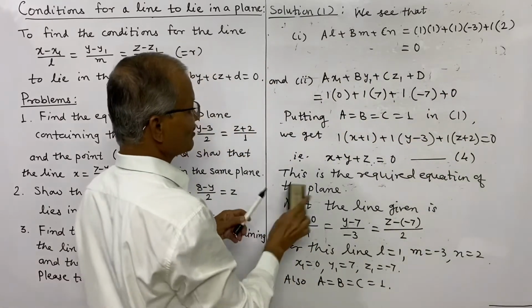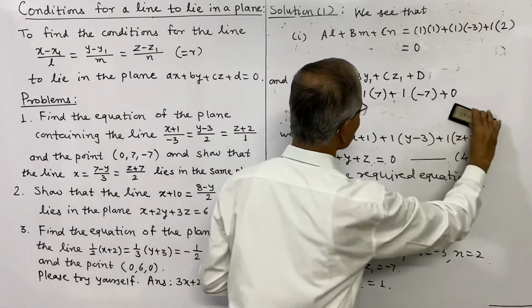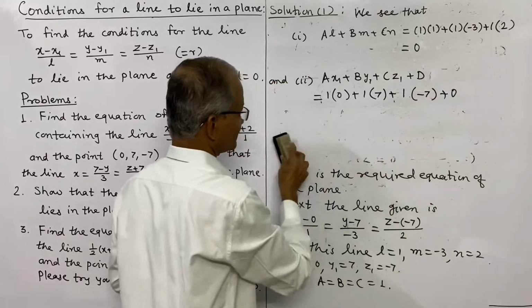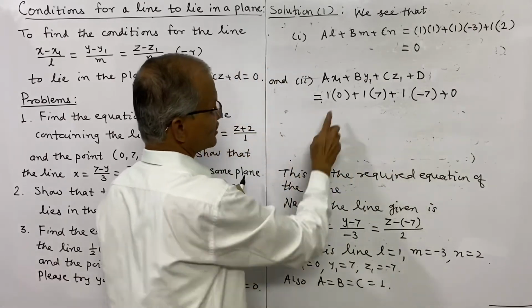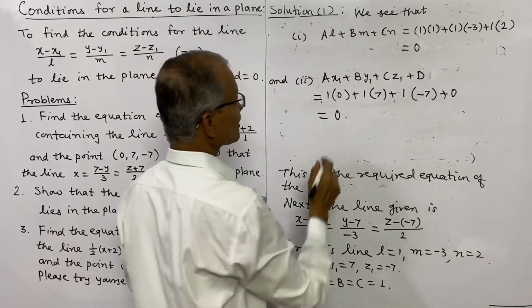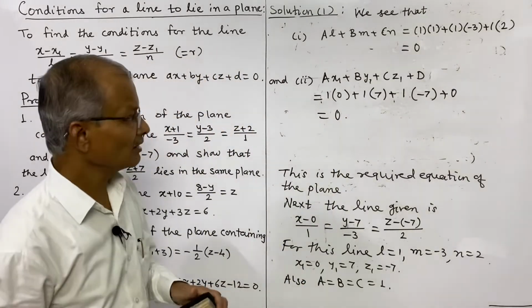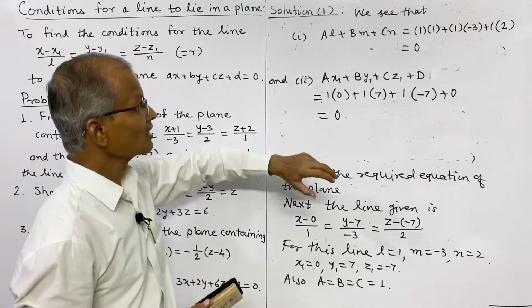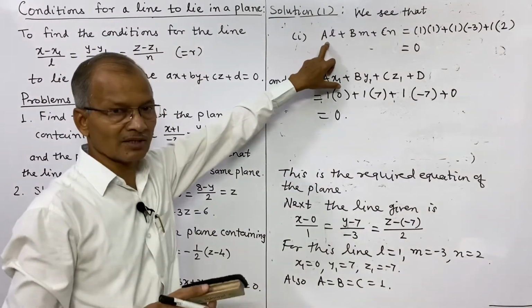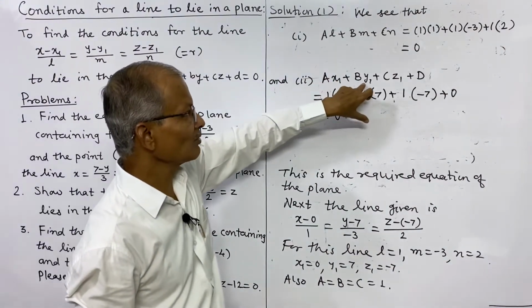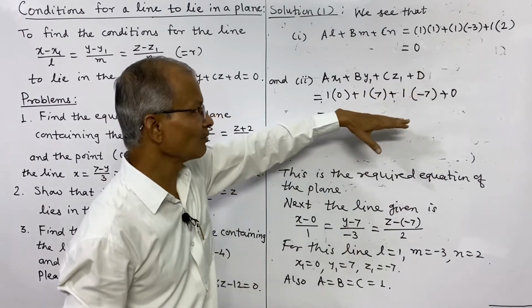And this value is also 0. You may see that 0 plus 7 minus 7 is equal to 0. So the two conditions that we obtained in the derivation, that is AL plus BM plus CN is 0, and the second condition, A into x1 plus B into y1 plus C into z1 plus D is equal to 0.